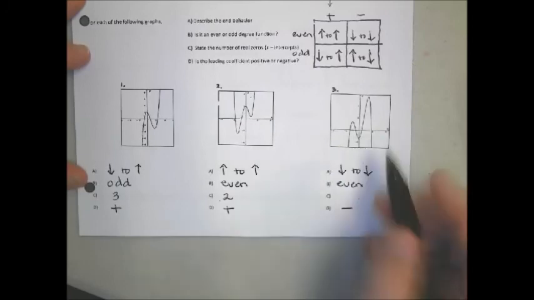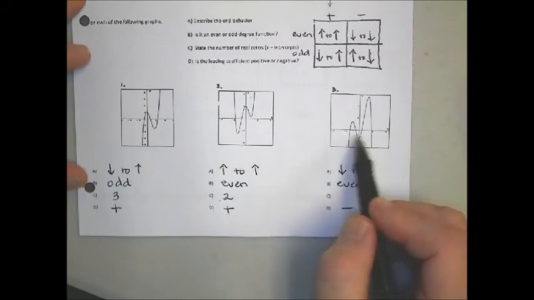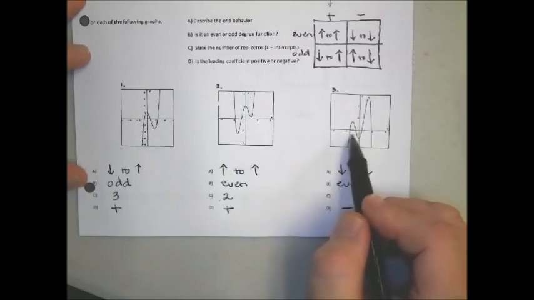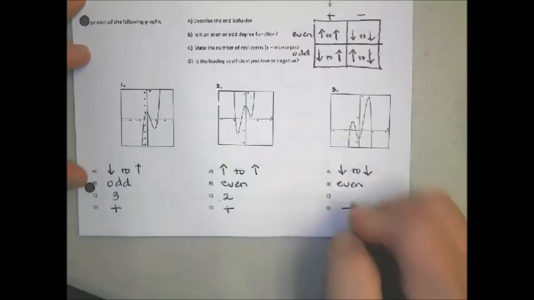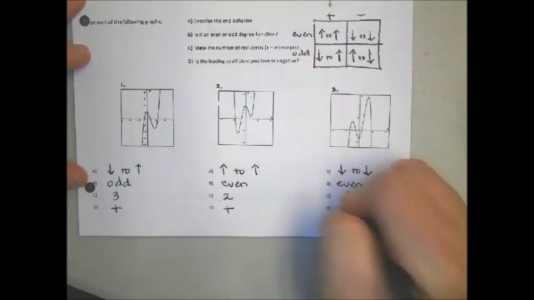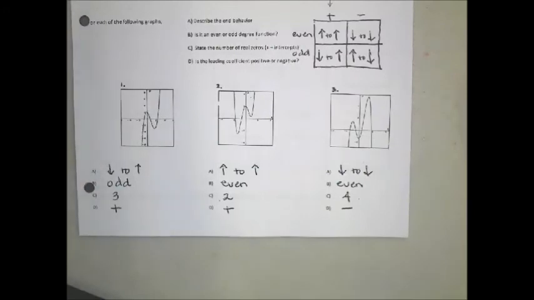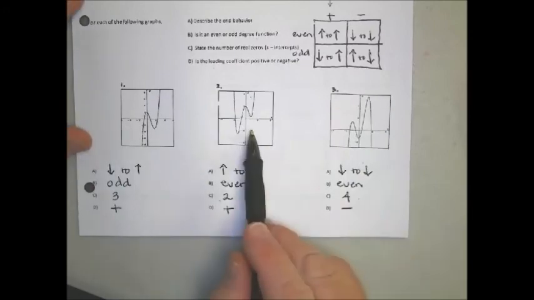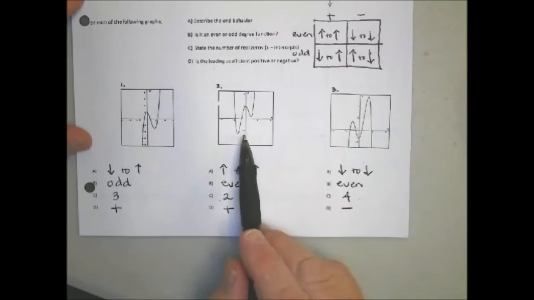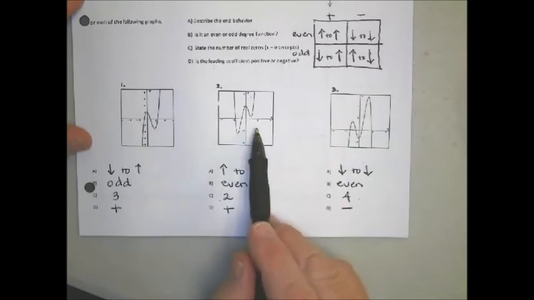Now, the last question is, how many times does this touch the x-axis? How many x-intercepts or zeros? 1, 2, 3, 4. Now, a couple more questions that are asked on the worksheet would be something like this. On graph number 2, how could I eliminate all the x-intercepts?